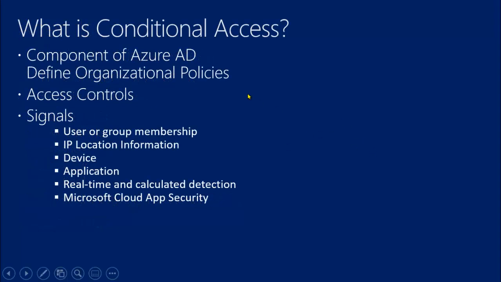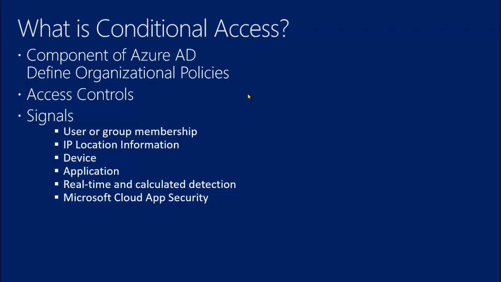Okay, so what is conditional access? Basically, conditional access is a component of Azure AD that can be used to define organizational policies for access to your data. So yes, it's a component of Azure AD. Intune will leverage, tie in, and contribute to conditional access through the compliance stuff that we've been talking about so far through this series.